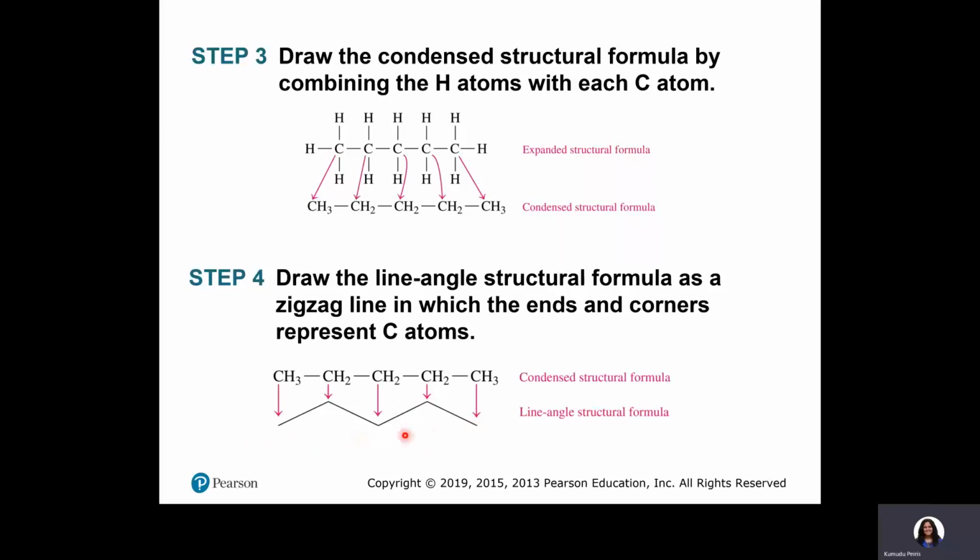This zigzag line structure is the line angle structural formula for pentane. If you count these ends and corners, altogether we should have five: one, two, three, four, five. So we have drawn the expanded structure, the condensed structure and the line angle structure for pentane.